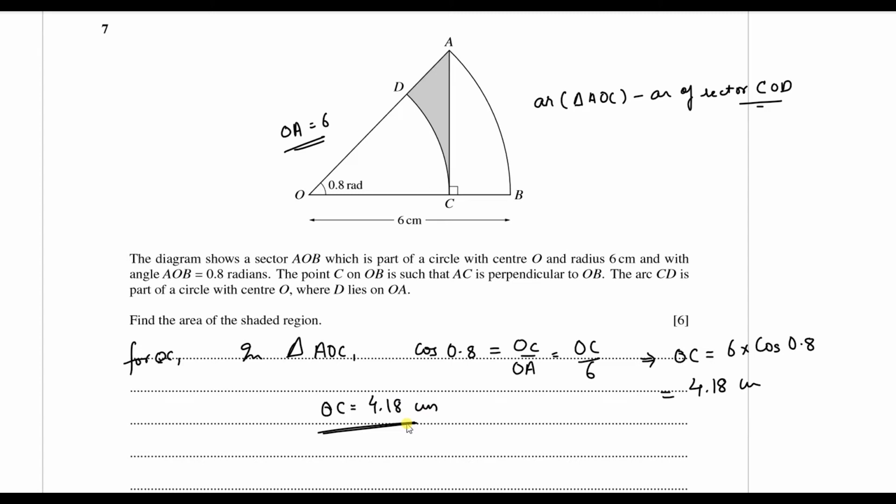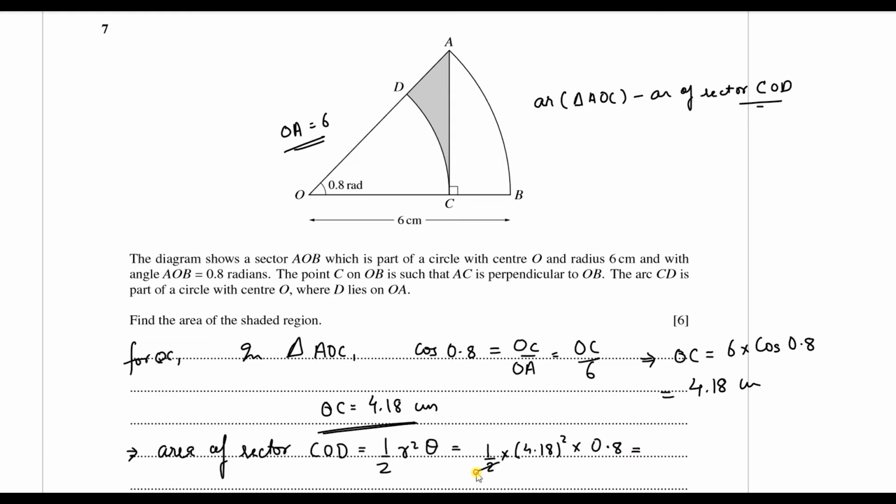Now if we have the radius and the central angle, we can find the area of the sector COD. It is going to be half r squared theta, and here r is OC, so half OC squared, that is half times 4.18 squared times theta, which is 0.8.